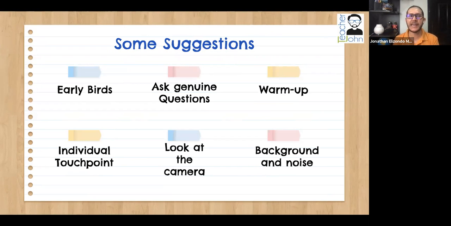If I cannot have that, I need to have a virtual background. So the background can be helpful or very, very distracting. The noise as well. That is why I told you at the beginning, I'm sorry in advance because of my dogs. They might interrupt, but the background noise might be really distracting.